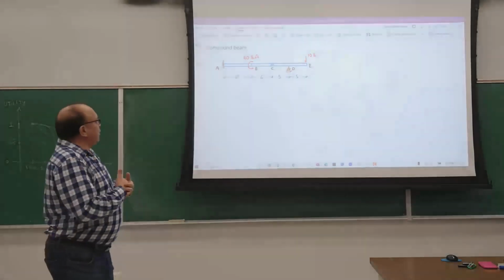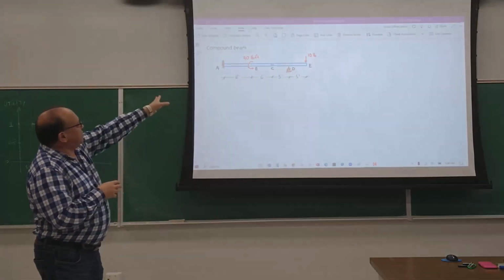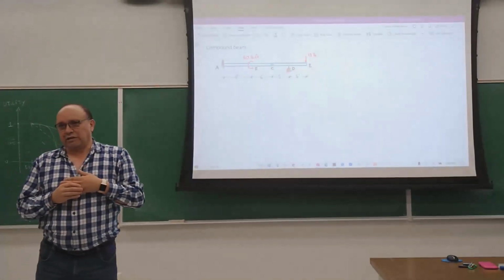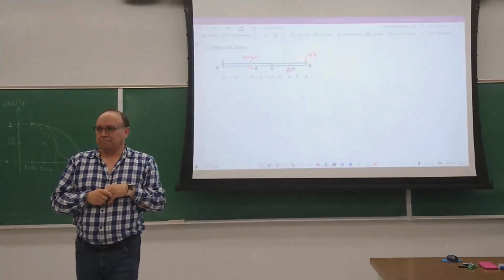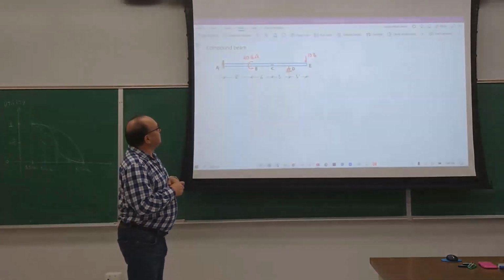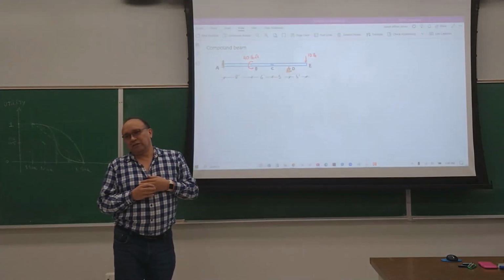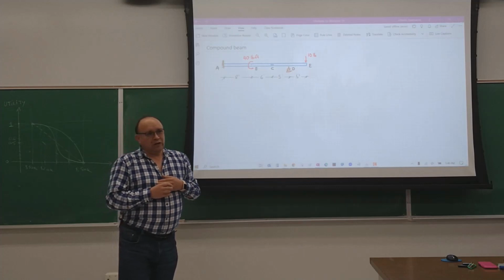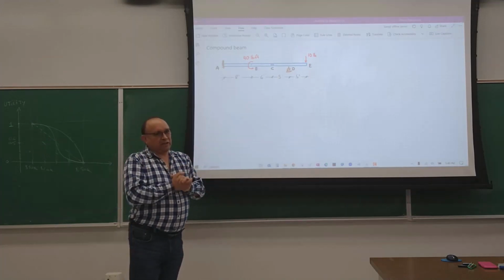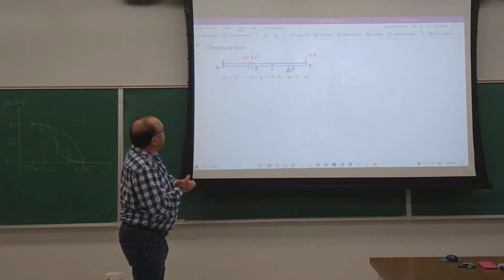So how many reactions do you see in that structure? How many reactions do you see? Three. How many reactions? Three unknowns. Unknowns are the same as reactions in this picture here.